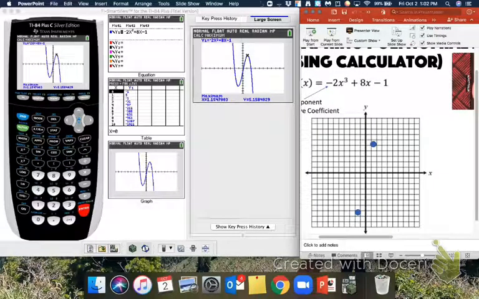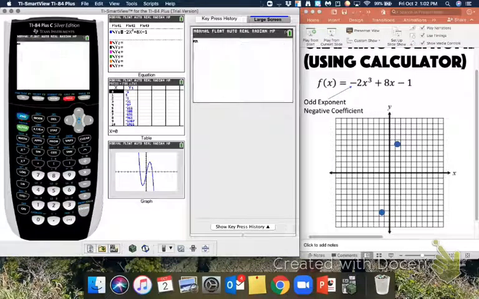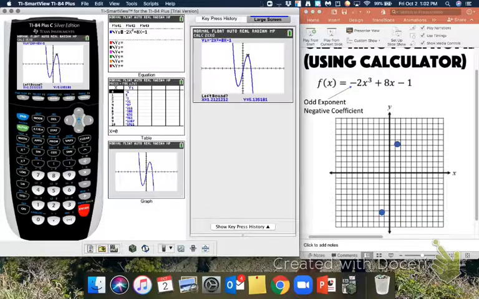Okay, then I also want to find these zeros here. So let's just find those. If we go second trace and then 0, let's find the one to the left first. So we want to be left of the x-axis, so right there, and then we want to go right of the x-axis, so there. Enter. You have negative 2.1. If this pops up right here, that is infinitely close to 0.